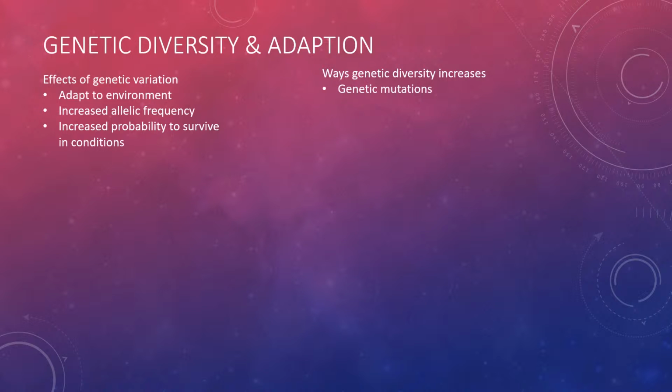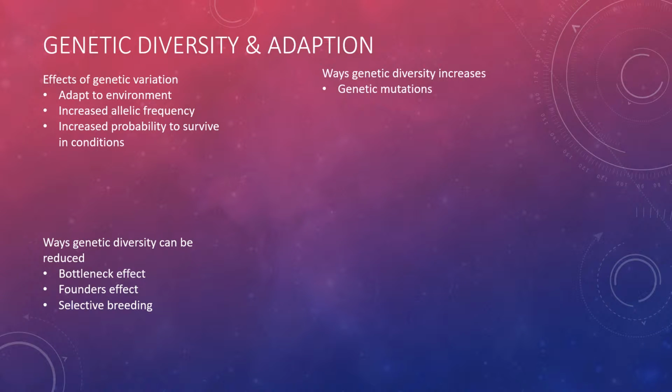So ways that genetic diversity changes are through mutations, the bottleneck effect, the founder effect, and selective breeding. The bottleneck effect is when there's a disaster and only a certain amount of the population survives.